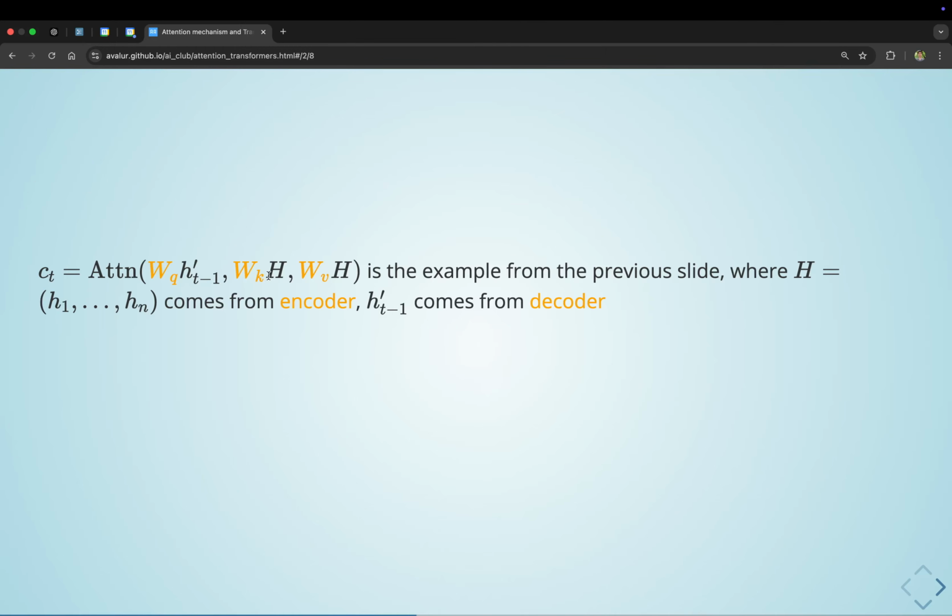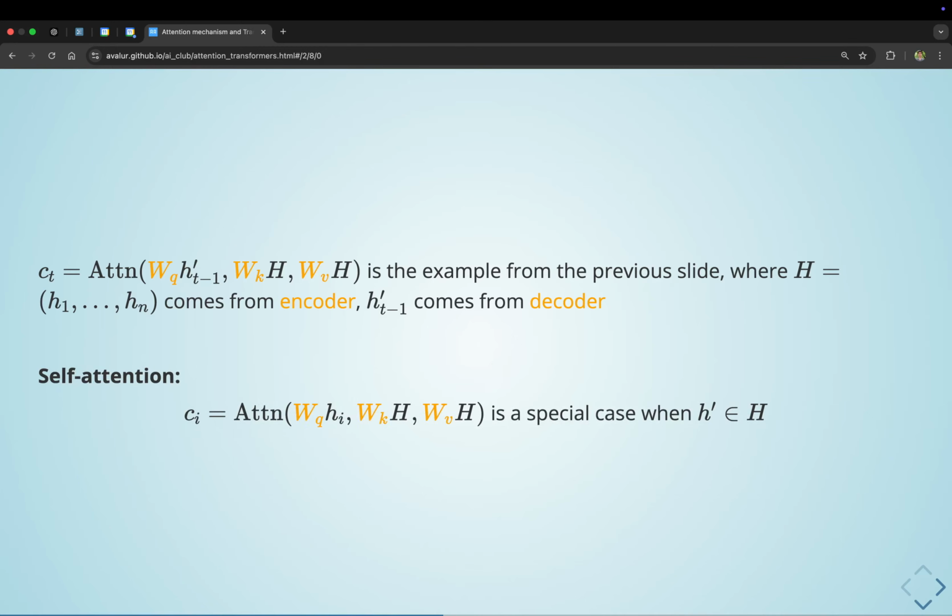So from encoder we have all the set of vectors h1, h2, till hn, and for each vector of decoder we calculate context vector CT by the attention mechanism. And of course, we train this model to fit all these three matrices to better predict our classification task.